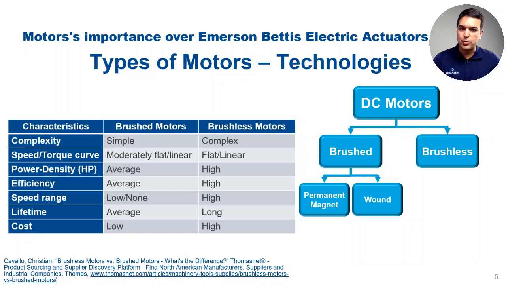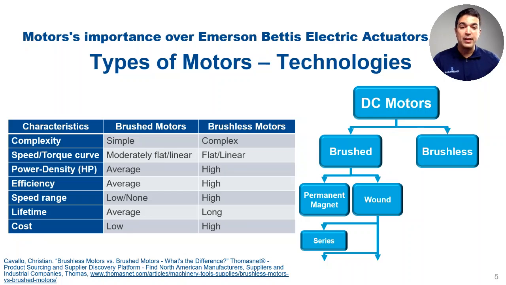Robotics and actuators with low power requirements are the common application. Brush wound motors have a magnetic field generated by a winding, and there are three types of brush wound motors. Their differences are based on how the magnetic field is generated.